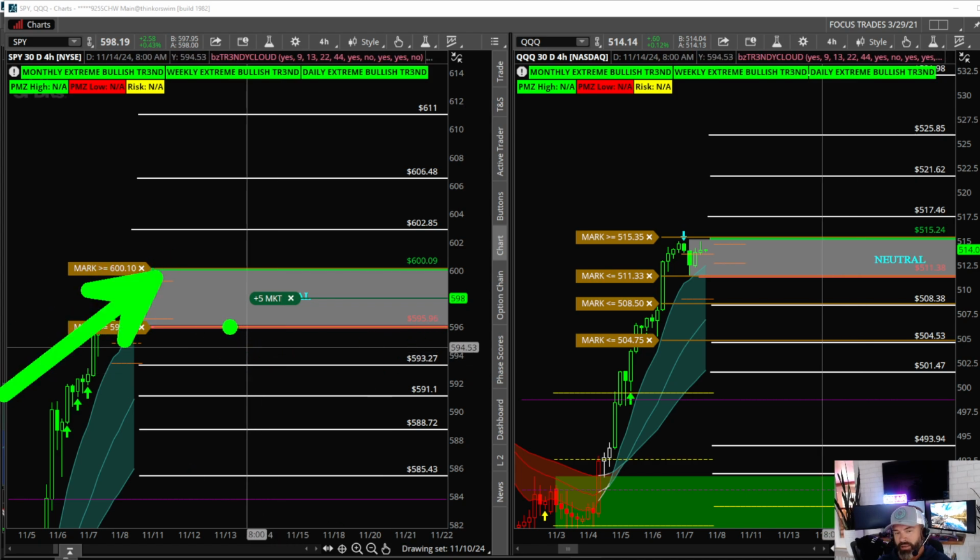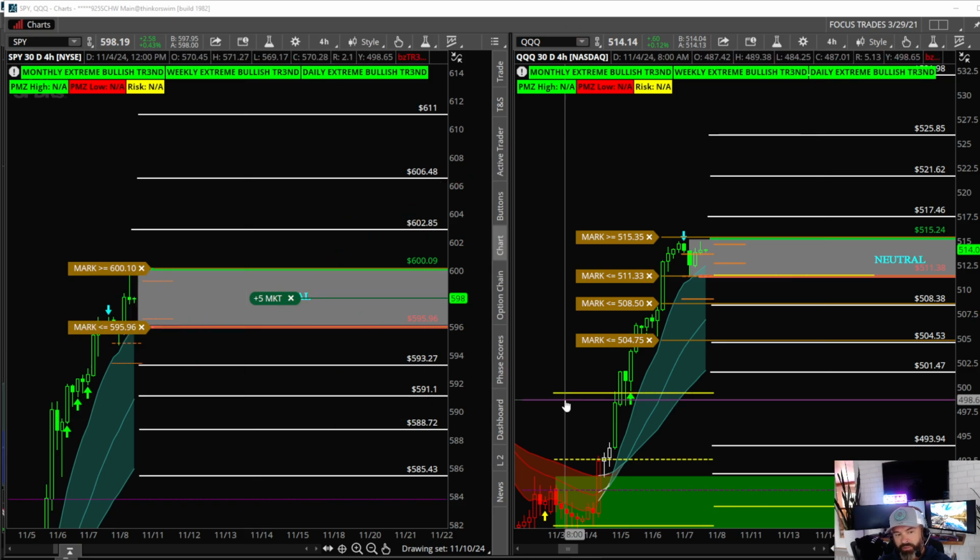And what's cool about it, everyone, is that if we break down, then these never get executed and you're not over there FOMOing. Now, the same can be true to the downside. So let's say 595. So 596 is, I'm going to buy these puts.